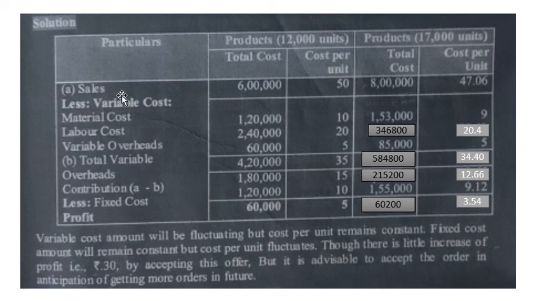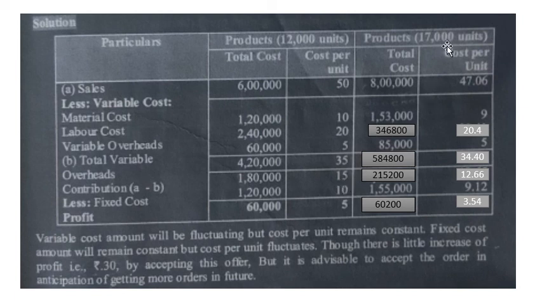Now, as we have got your total variable overheads, next we will find out our contribution. Sales minus variable cost gives you your contribution. Sales is 6 lakh for 12,000 units minus total variable cost of 4,20,000, so you will get a contribution of 1,80,000. In the same way, 50 minus 35 cost per unit for 12,000 units gives you 15 rupees.